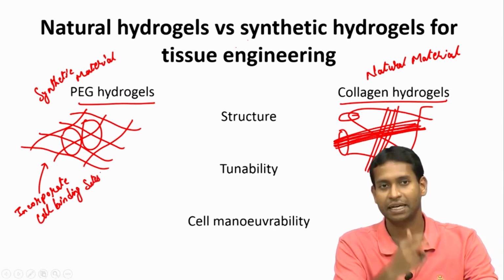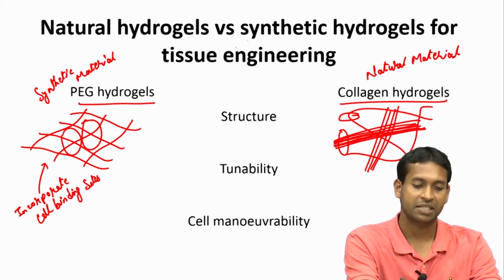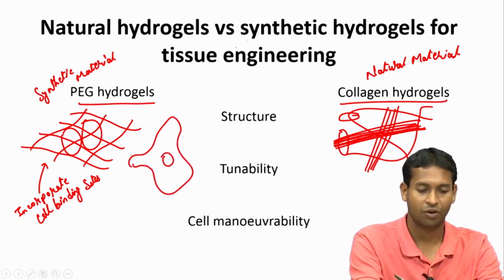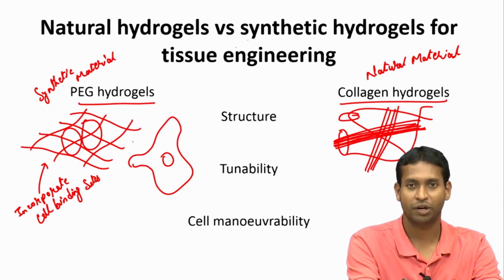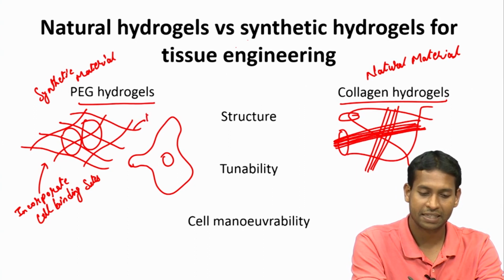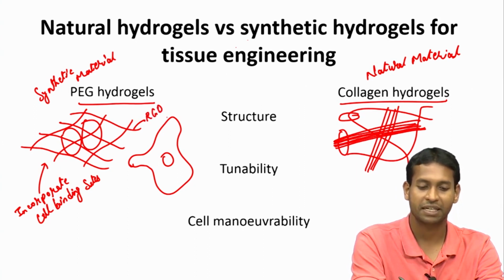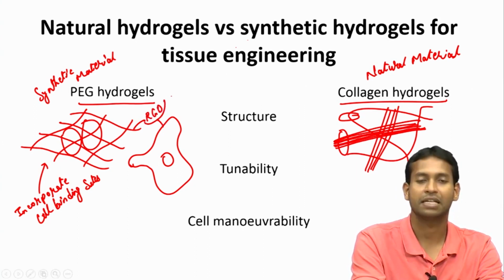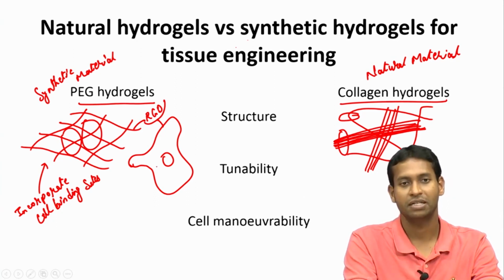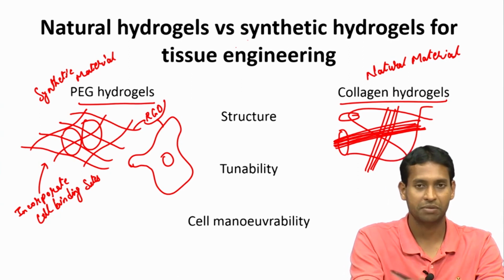What I mean by that is that if the cell comes in and wants to interact with this, the PEG chains do not have any ligands. So unless I put in a ligand, let us say RGD that we talked about in the previous case, the cell is not able to bind to this. Only if there is RGD or some other sequence can the cells actually bind to these matrices.